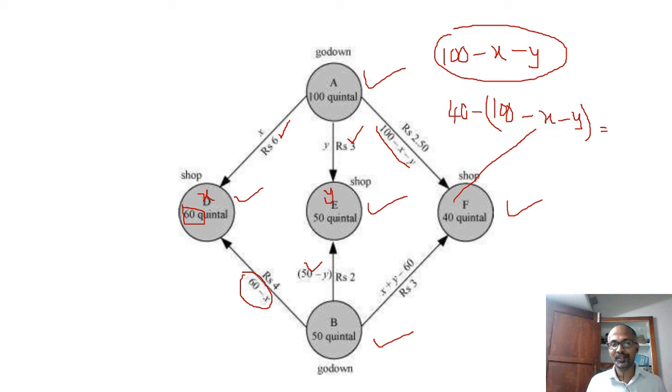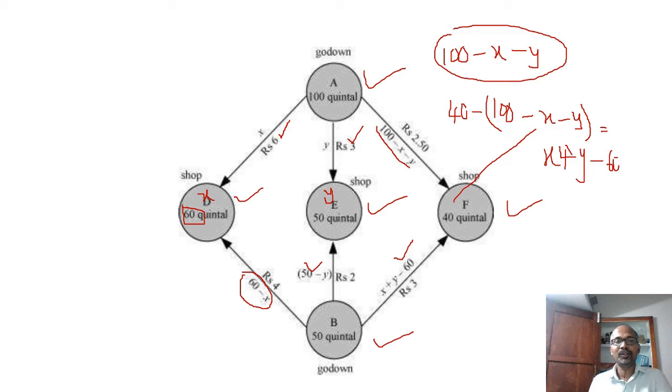So what more is required? 40 minus whatever came. If I simplify, it will be x plus y minus 60. So x plus y minus 60 must come from B to F.